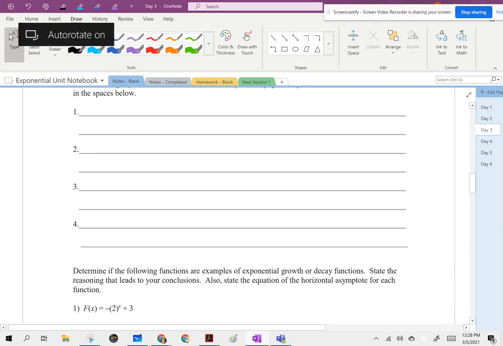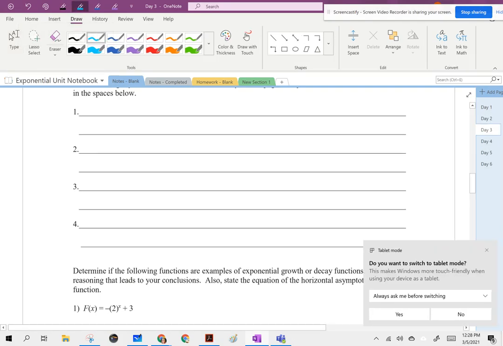So we're going to have growth. Again, growth can happen when b is greater than 1 and 0 or 2 reflections.